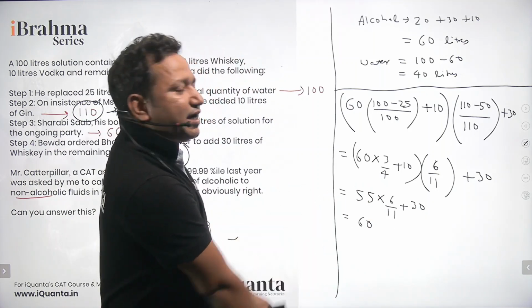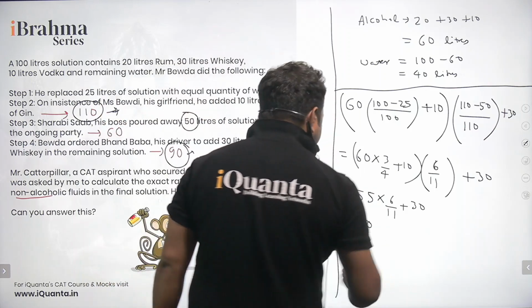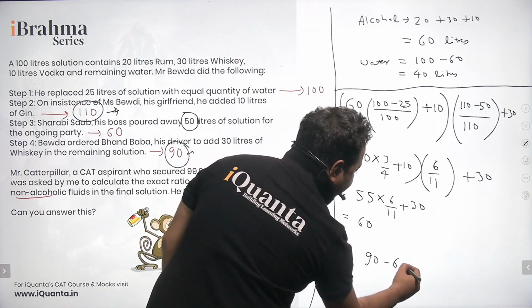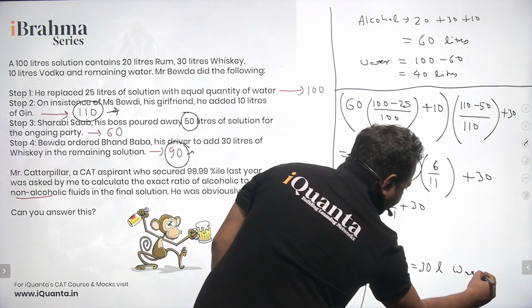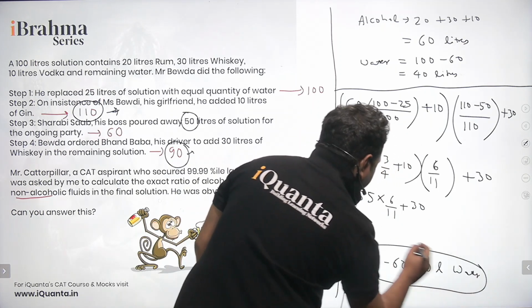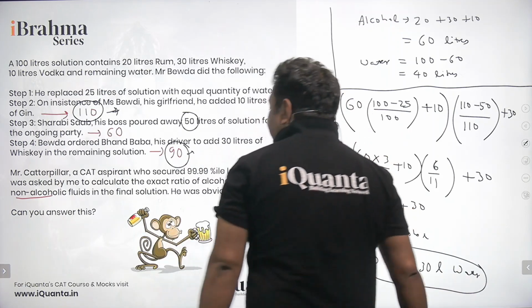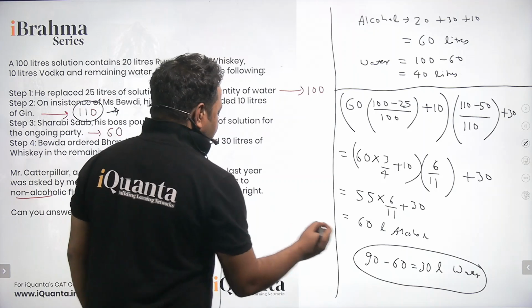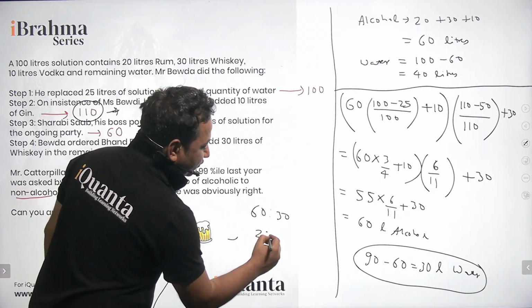So when alcohol now is 60 and total quantity is 90, as explained earlier, the water will be 90 minus 60, that is 30. So we have 30 liters water and 60 liters alcohol. The question asks about the ratio of alcoholic to non-alcoholic fluids, that is 60 is to 30, or we can directly say 2 is to 1.